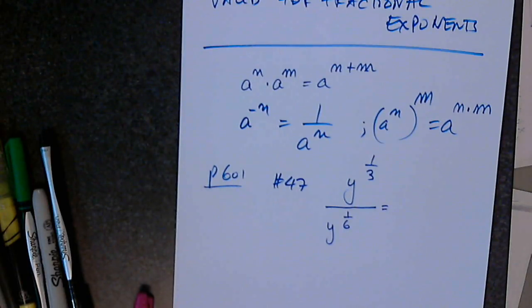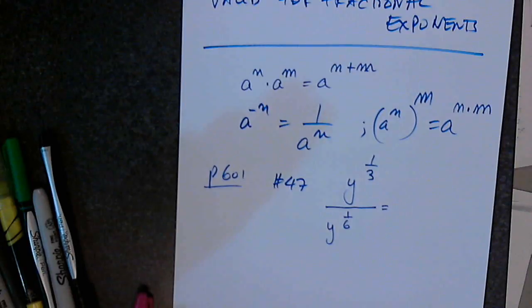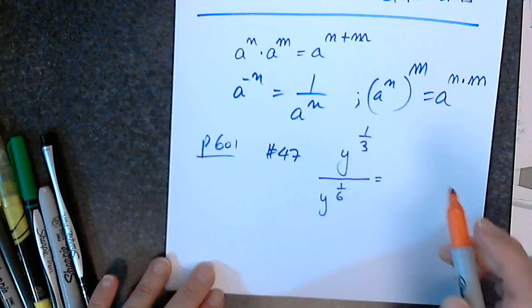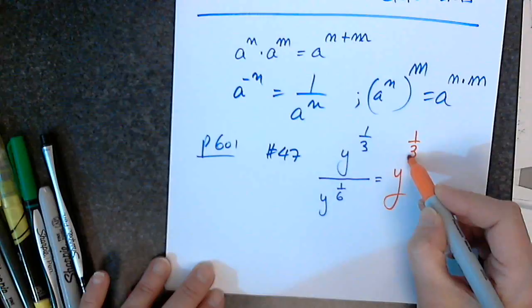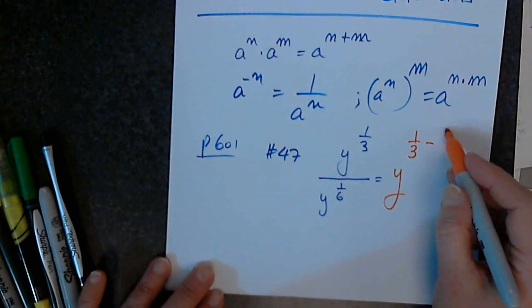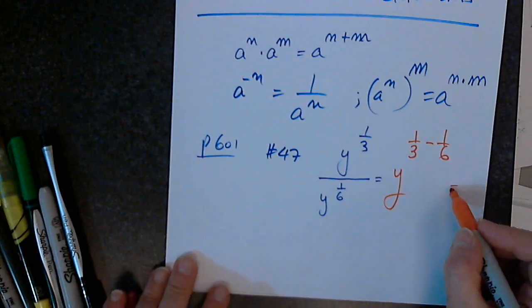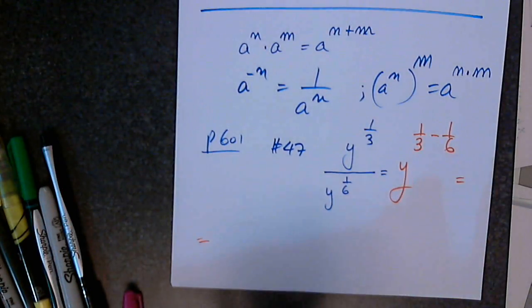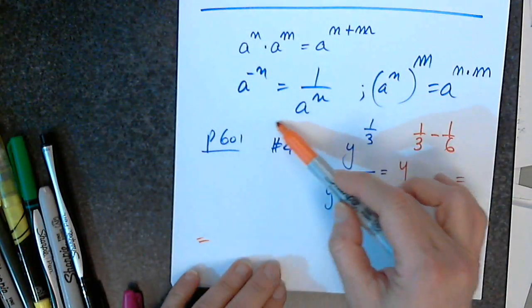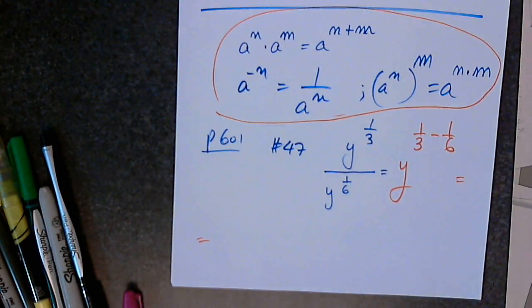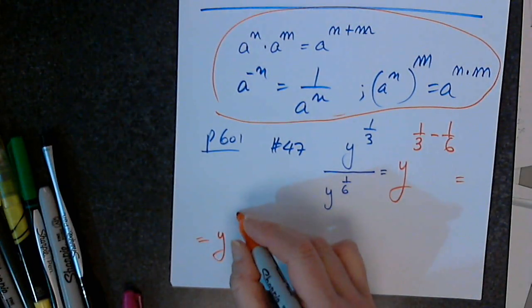How do I divide two exponential notations having the same base? What do I have to do? Subtract, indeed. So I copy the base, and from the exponent of the numerator, I subtract the exponent of the denominator. Now the difficulty, versus the previous situation with integers, is that I have to deal with fractions. So I need to find the least common denominator.